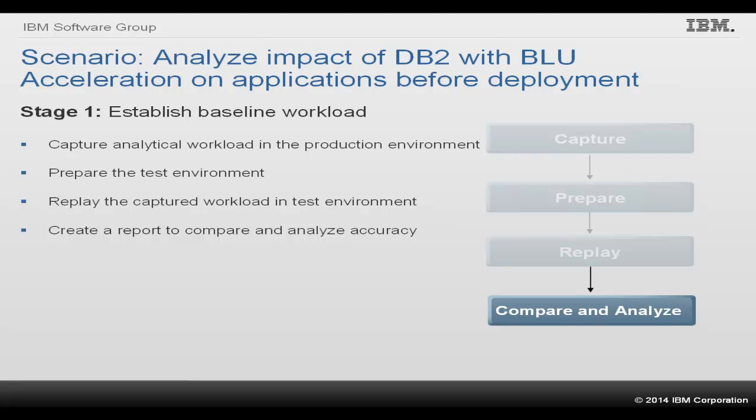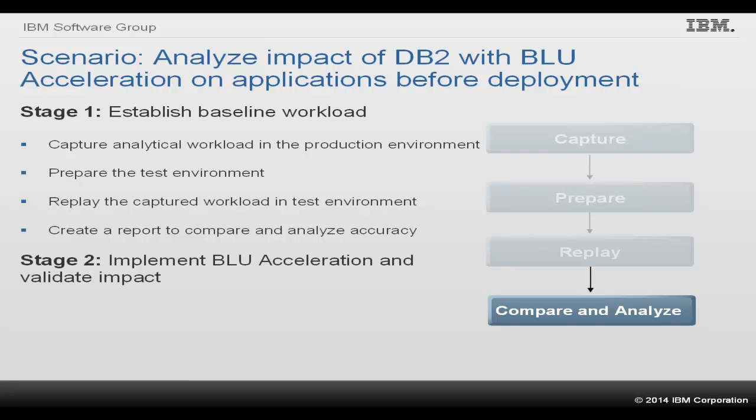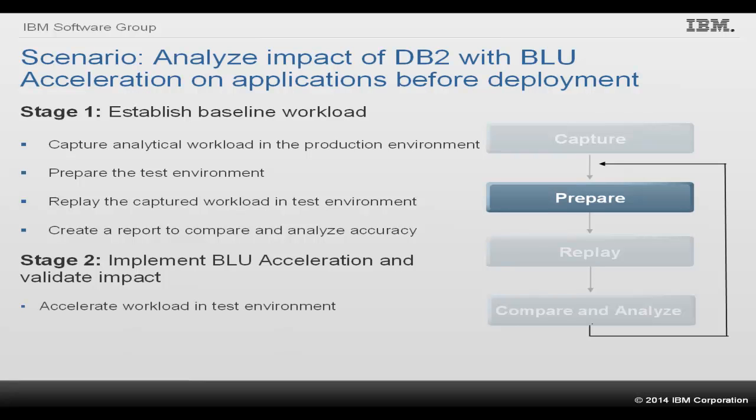In the second stage, Shelley implements DB2 with BLU Acceleration for the workload and validates that the baseline workload runs successfully with improved performance. She completes the following tasks. First, she exports the workload from Workload Replay and uses Query Workload Tuner to identify and convert some tables from row-based to column-based format for BLU Acceleration.